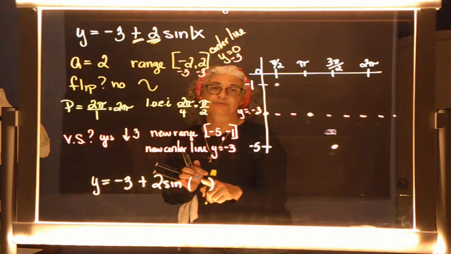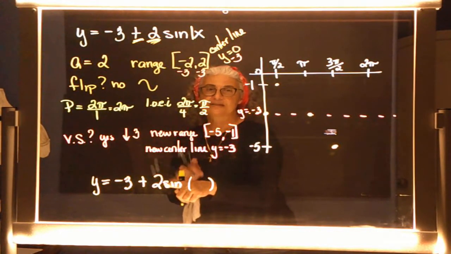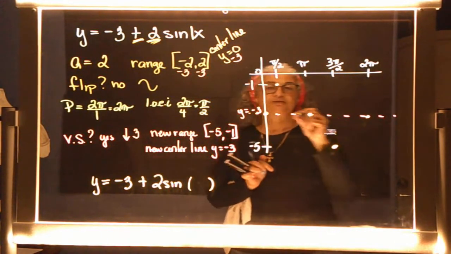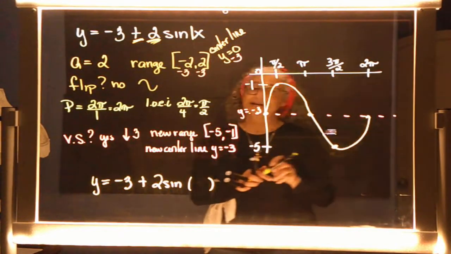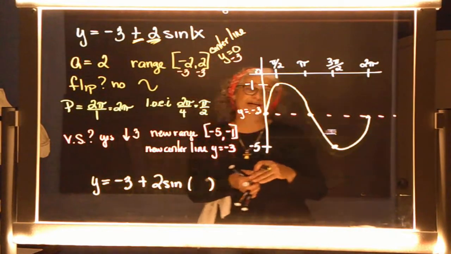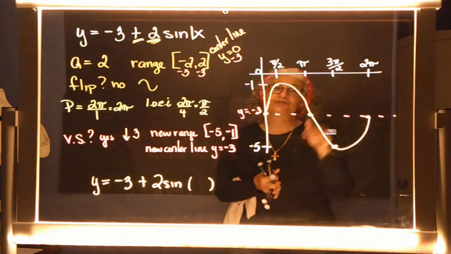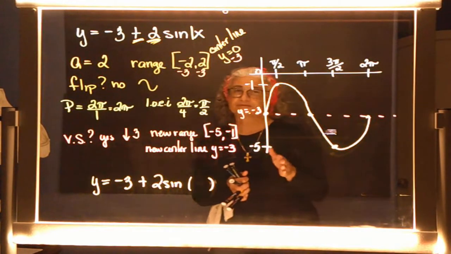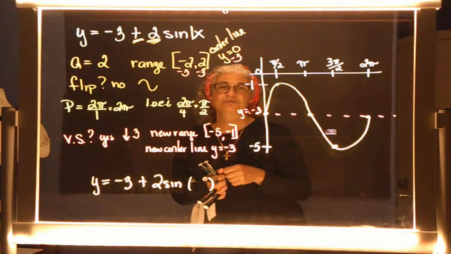What's the sine at 2 pi? 0 times 2, 0, plus -3, -3. So we did get the mountain to the valley graph. And yeah, everything is coming out like it's supposed to, right? y = -3 is the center line, isn't it? Cool? With me?